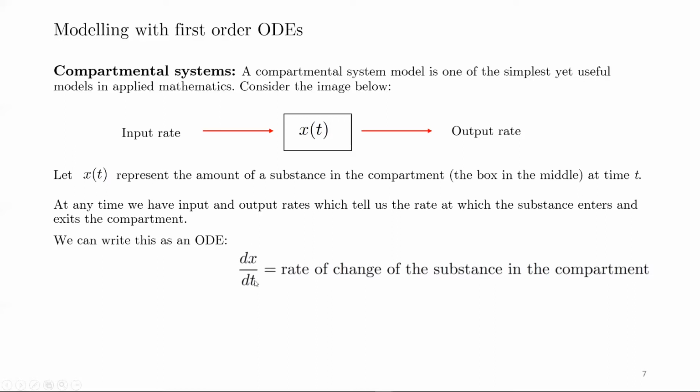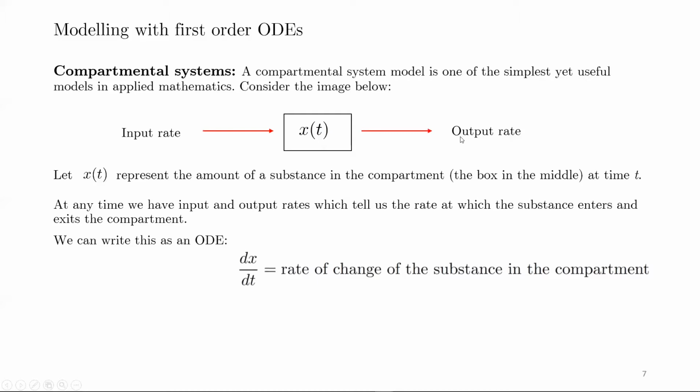Well, we're assuming the only way that the amount of substance can change within that compartment is it can either increase because something's entering the compartment, or it can decrease because something is leaving the compartment.